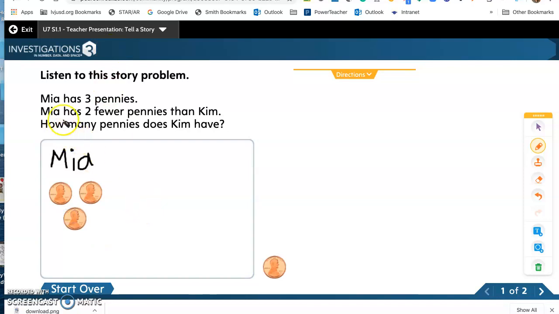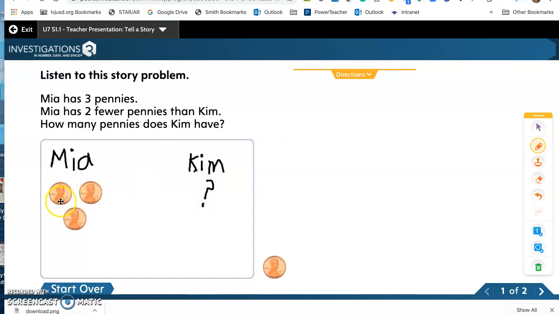We also know that Mia has 2 fewer pennies than Kim. We're trying to figure out how many pennies Kim has. So I need to think about how the information in the story can help me solve the problem. We don't know this.